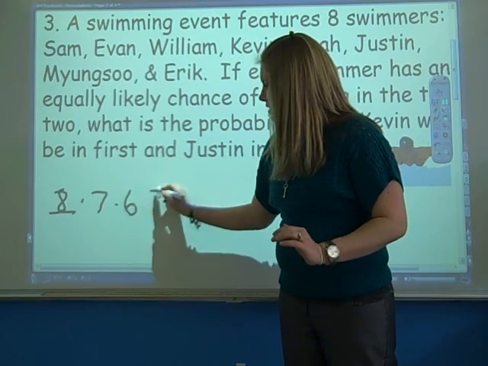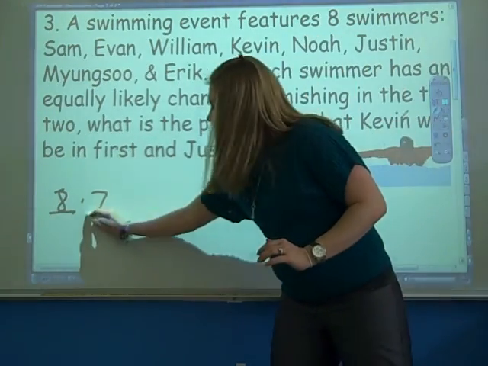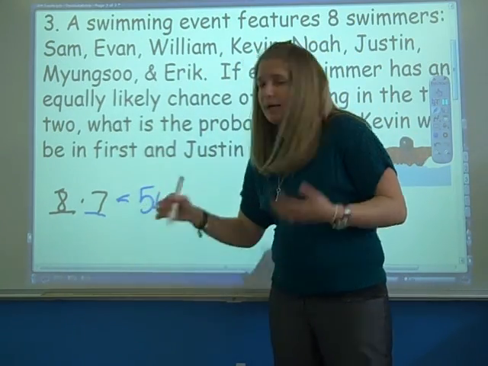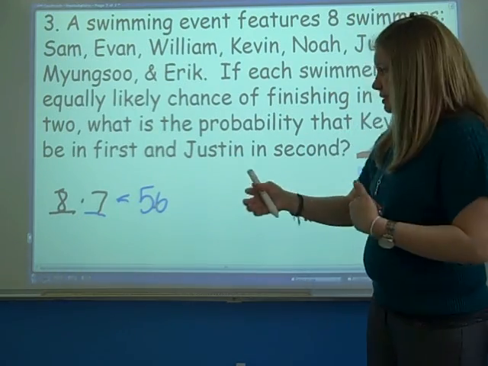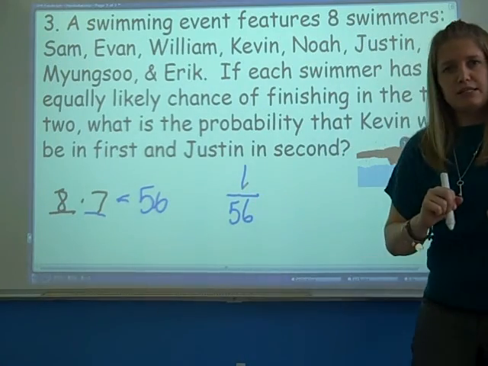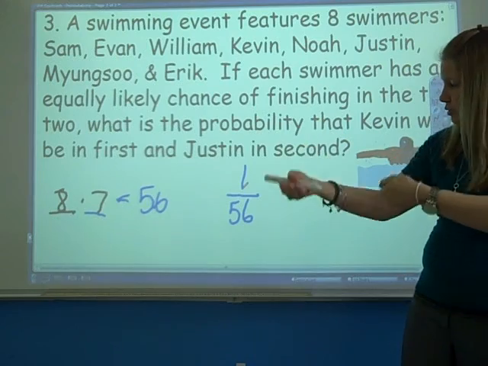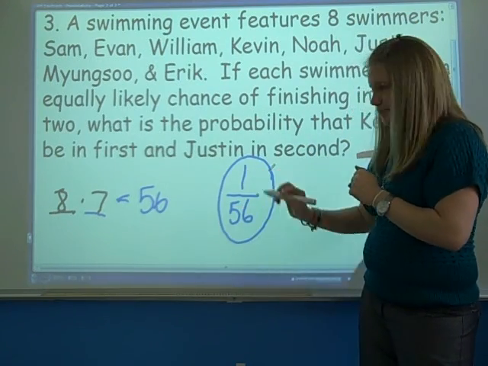We just want first and second place. So 8 times 7, there's 56 combinations that we could possibly have for all of the first and second places. 56, and we want 1 out of all of these. One where it's Kevin and then Justin specifically. So that's 1 combination out of the 56, and that would be our probability.